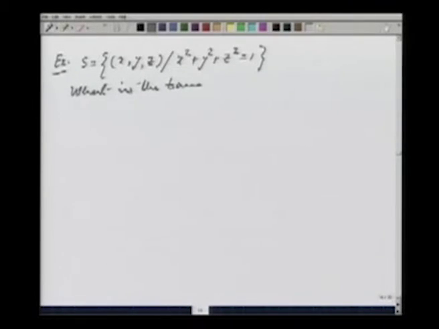So first example, the obvious one, I take the sphere, that is, my surface S is all x, y, z such that x square plus y square plus z square equal to 1. Question is, what is the tangent plane at the point, let us say 0, 0, 1. So let us look at the picture.